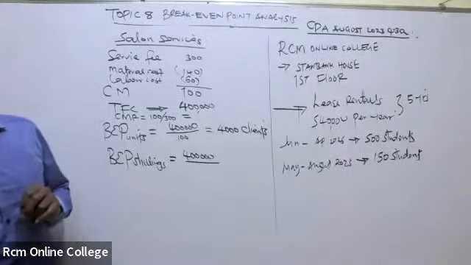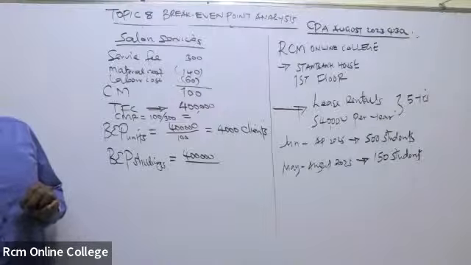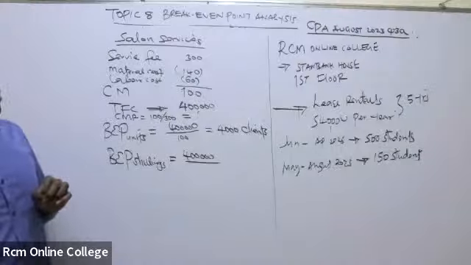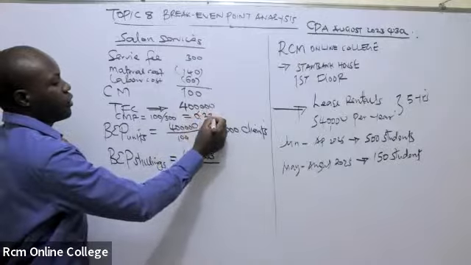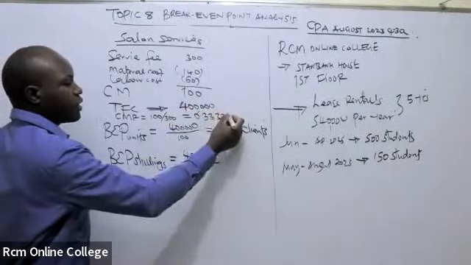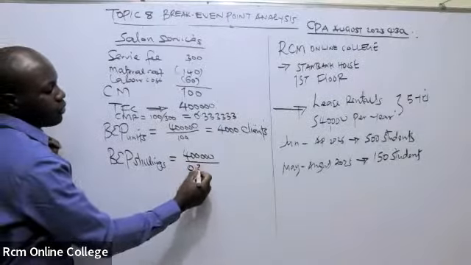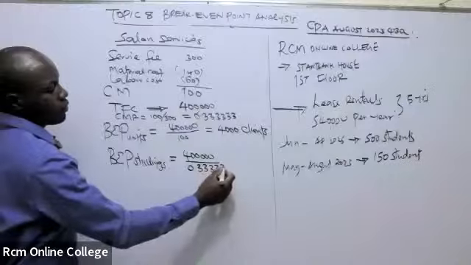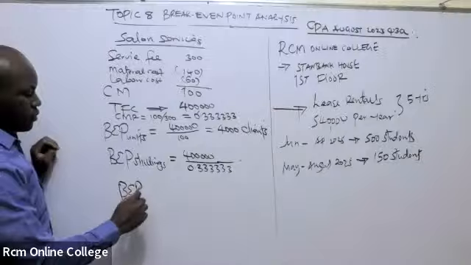What does it come to? So we are getting 0.333. When you have decimal places like this, please try to maximize so that as you do the division, you will get a whole number. So what's the break-even point in shillings?